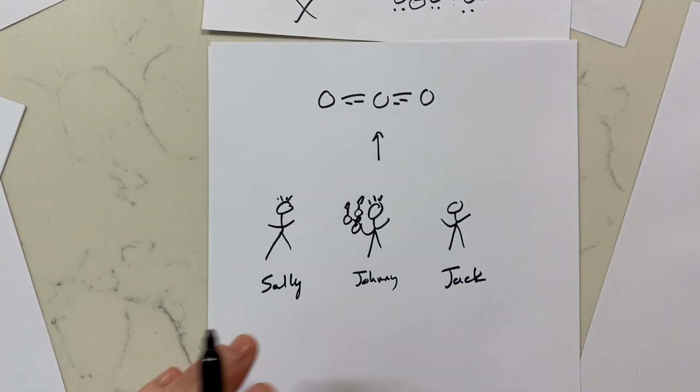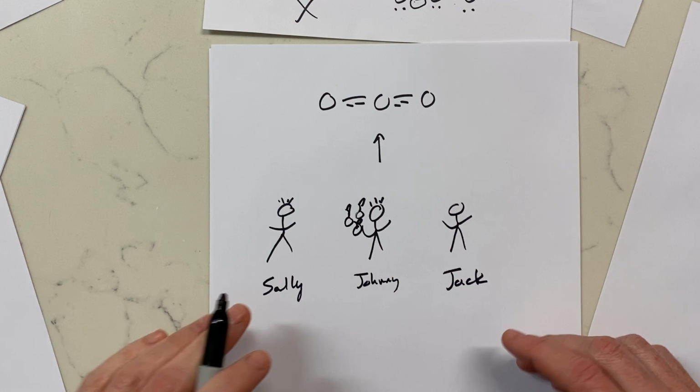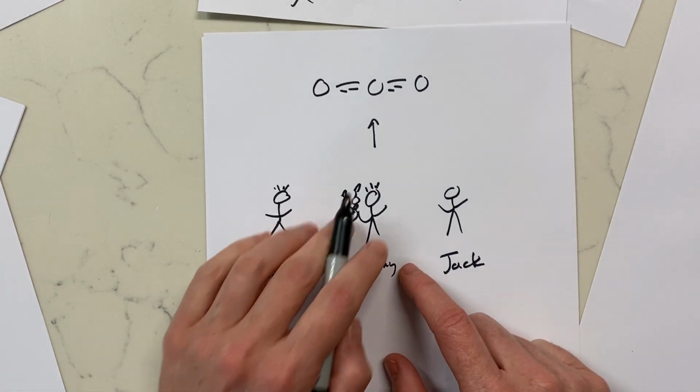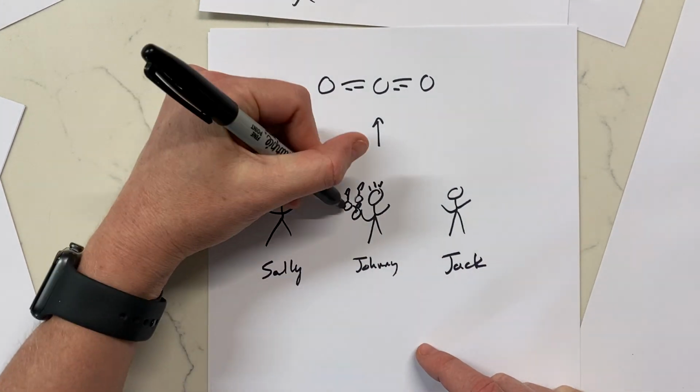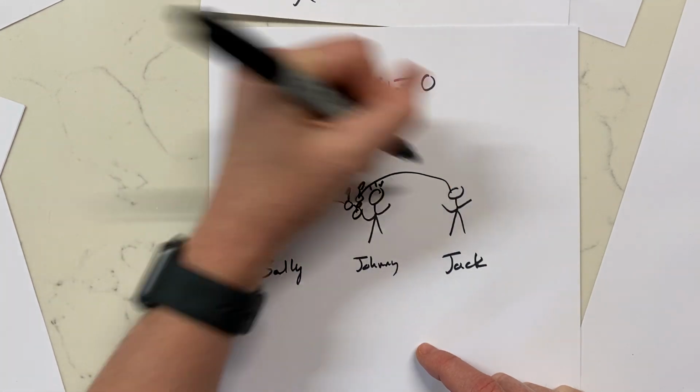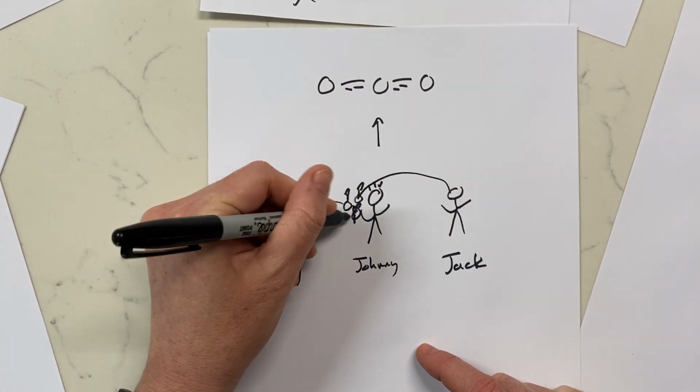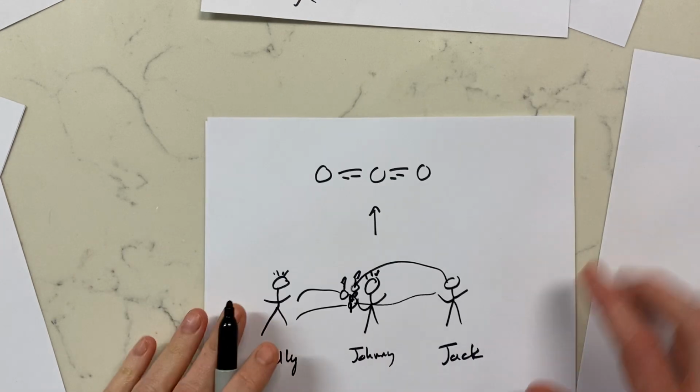Okay, so Sally and Jack each want as many apples as they can get, but Johnny only has 3. So what does he do? Well, he gives 1 to Sally, he gives 1 to Jack, and then he splits the other one in half and says you can have half and you can have half. And that's what happens.